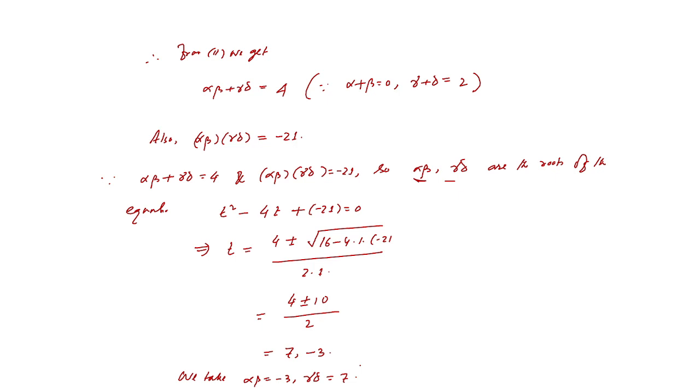So now what do we have? Since alpha plus beta equals 0 and alpha beta equals minus 3, alpha and beta are the roots of the equation m square minus 0m minus 3 equals 0.